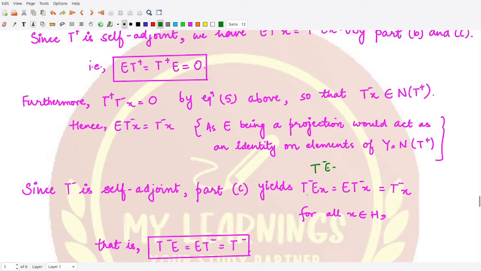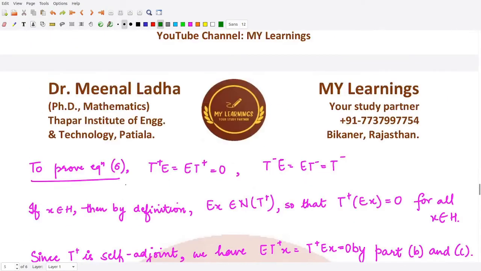This is true for every x in the given Hilbert space, so we could talk in operators, leaving behind this x. So we have T negative E equal to E T negative, equal to T negative. This is how we prove the second equation.